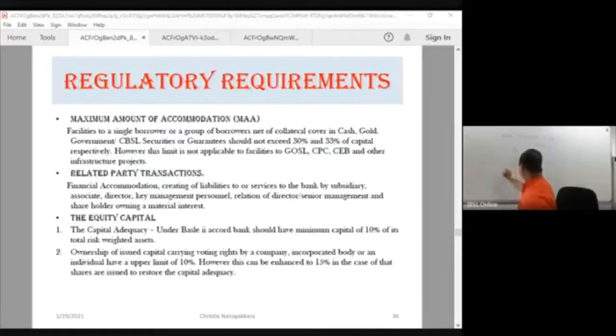From A, we get only this. From B, we get a property mortgage for 3.5 billion. So here, 3 billion is clean. This total is 2 billion secured.